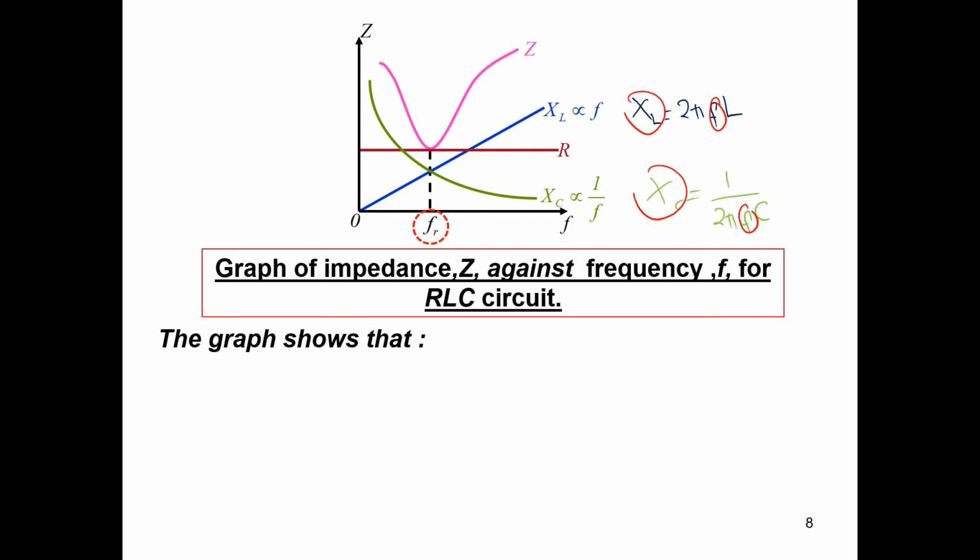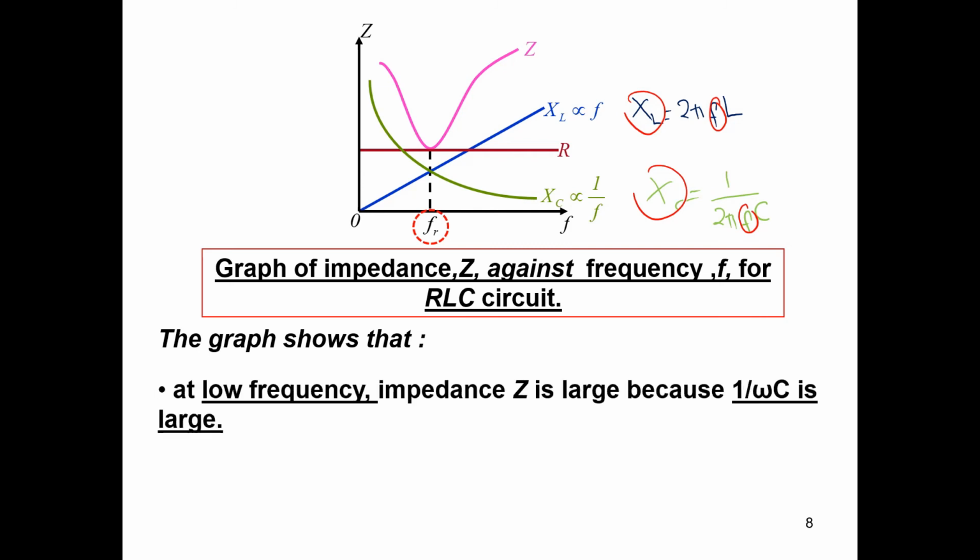The graph shows that at low frequency, at this area, the impedance is large. We can see that the value of impedance is large, right? It has the larger value of impedance because it is contributed by XC, the capacitive reactance.